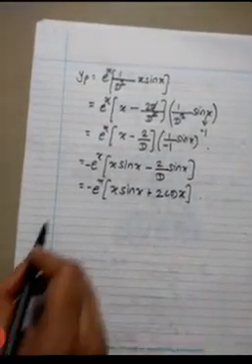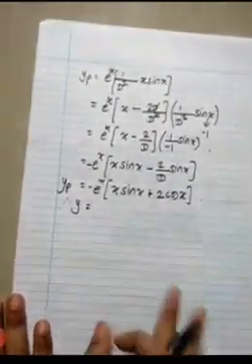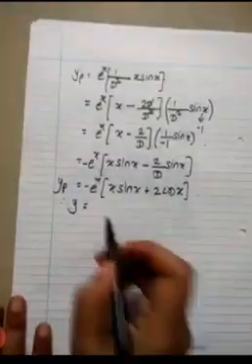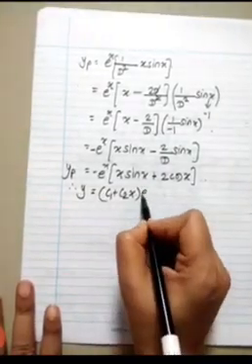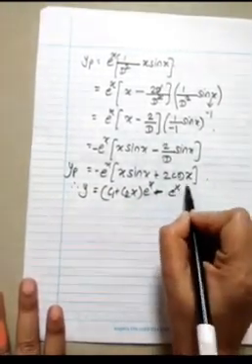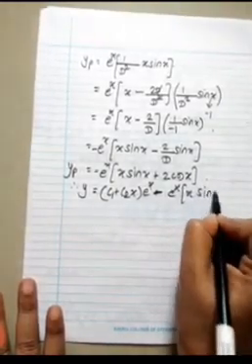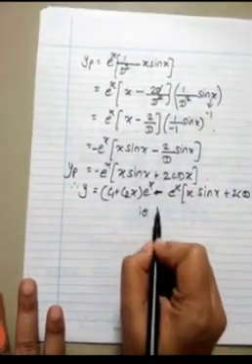Therefore, the general solution is y is equal to yc plus yp: (c1 plus c2 x) into e raised to x, plus yp, minus e raised to x (x sin x plus 2 cos x) is the general solution.